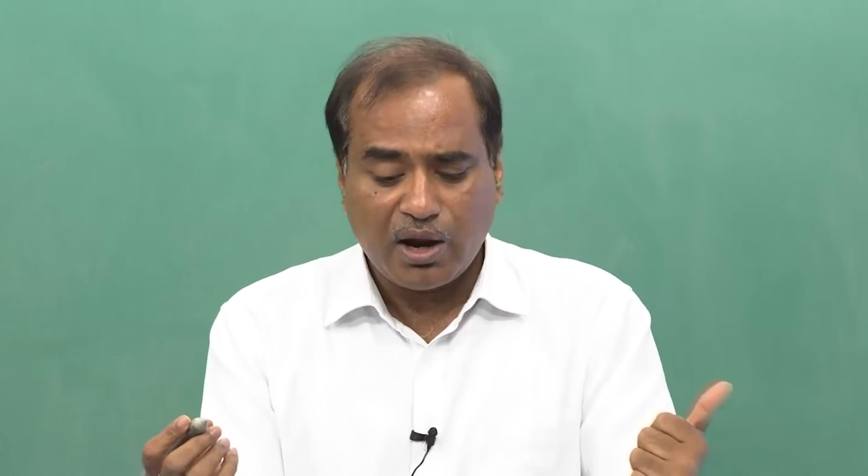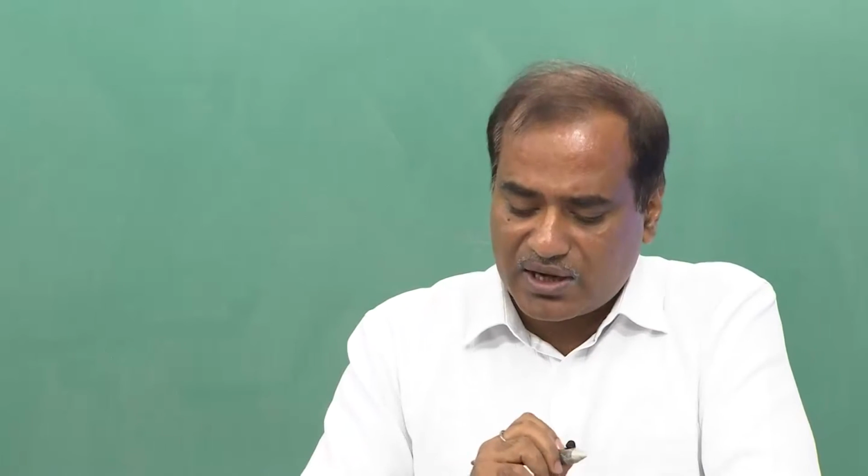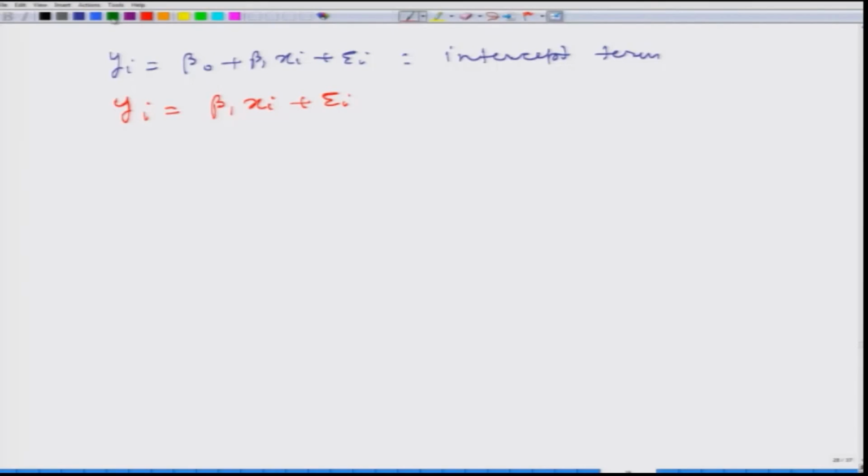Right. So, what is the interpretation of yi here? If I write down the model in terms of expectation, with the intercept term the model is like this, and without the intercept term the model is something like beta 1 xi.